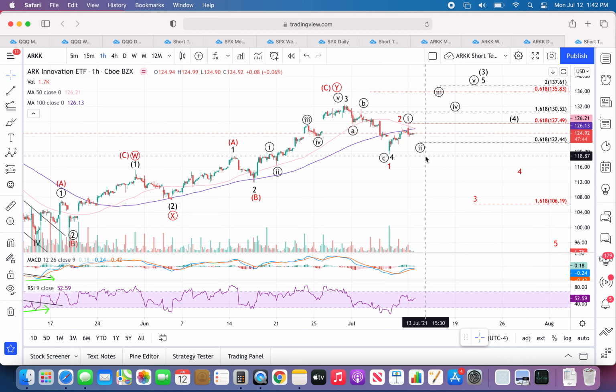At the same time, I also would say for the bears that this is actually a pretty good setup. So bears have this high from July 12th as their stop for the chance to catch a wave 3 down.